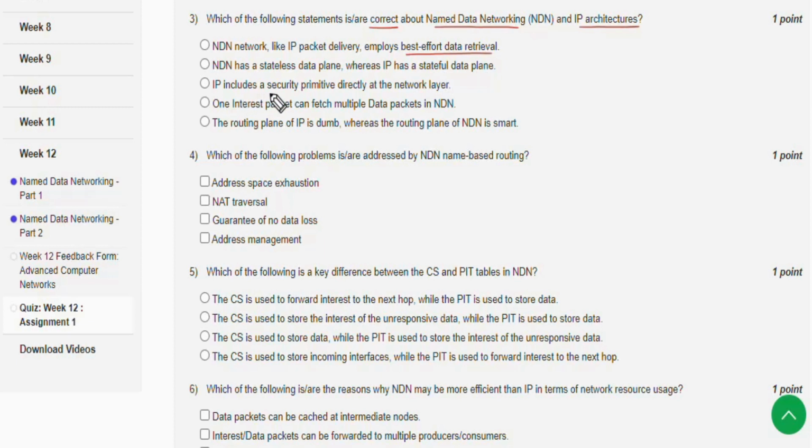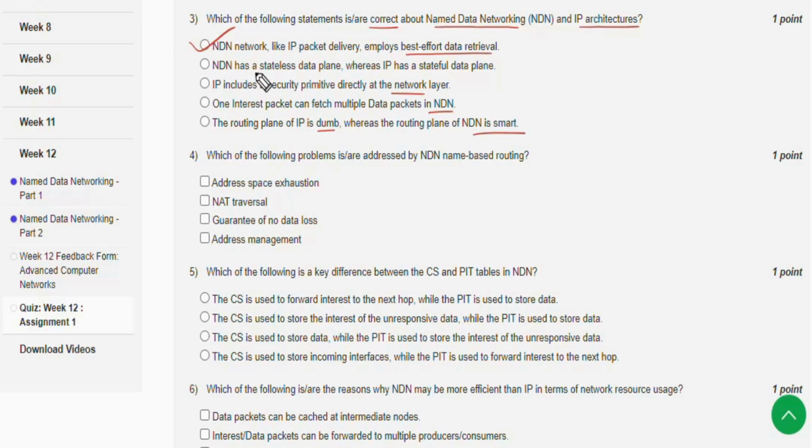IP includes a security primitive directly at the network layer. One interest packet can fetch multiple data packets in NDN. The routing plane of IP is dumb, whereas the routing plane of NDN is smart. The answer will be: NDN network, like IP packet delivery, employs best effort data retrieval.